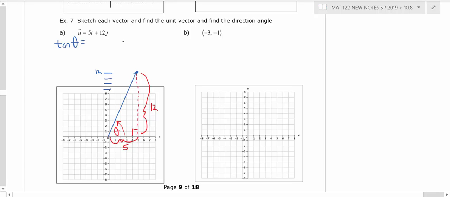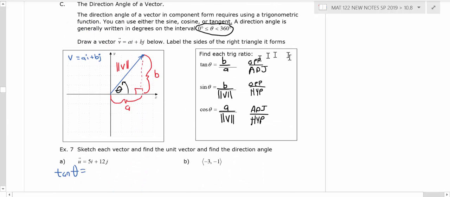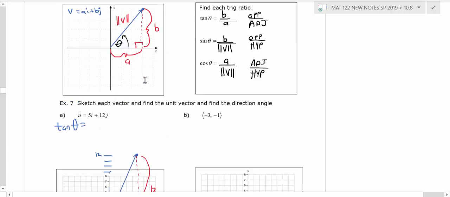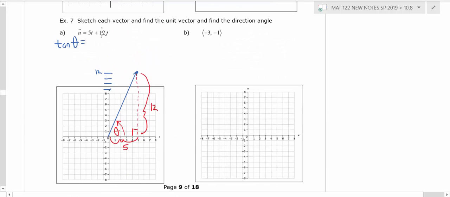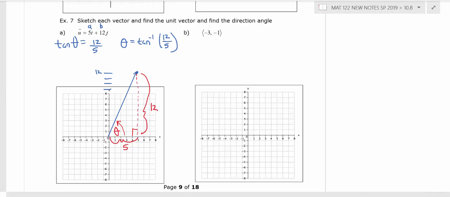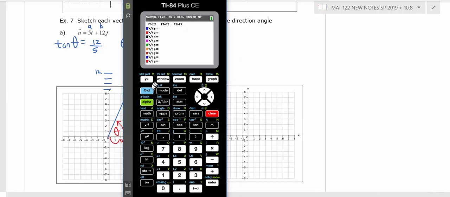Remember, the tangent is B over A in this diagram. So B would be 12, A would be 5. Then we go to the calculator and take the inverse tangent of 12 over 5, and we're going to write this direction angle in degrees.